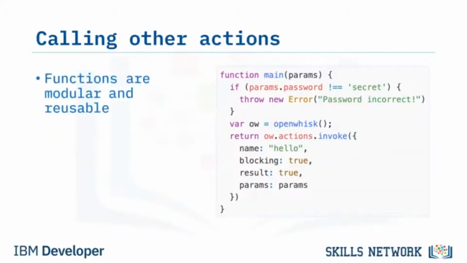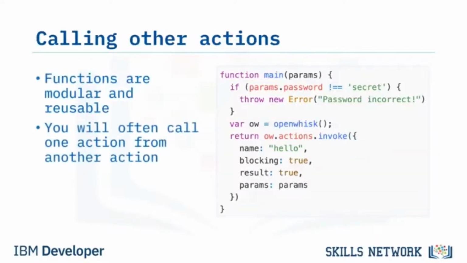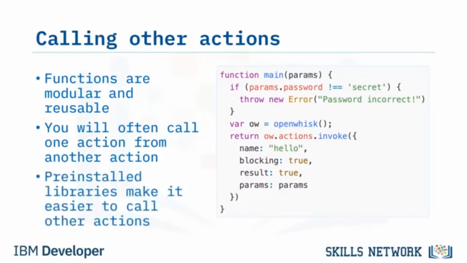Functions are modular and reusable, so you will often want to call one action from another action. Rather than having to manually construct HTTP requests to trigger actions, pre-installed libraries make requests easier. For example, you could create a proxy action that checks the password parameter and then calls another action if the password is correct.